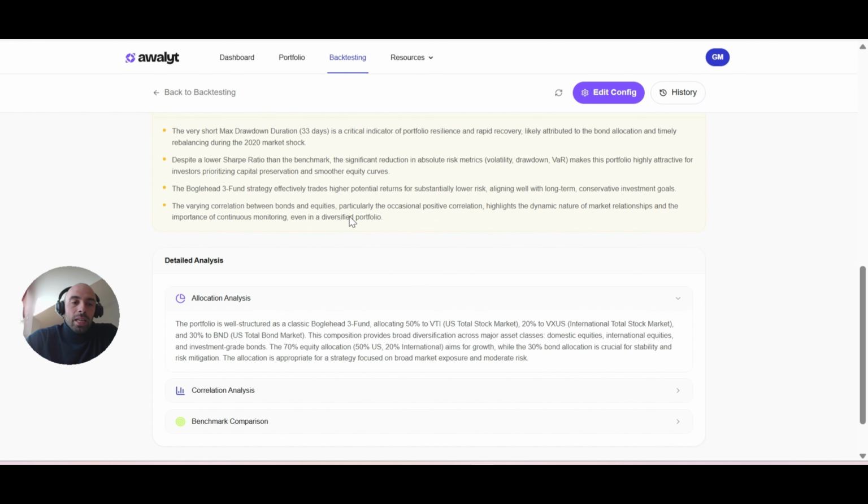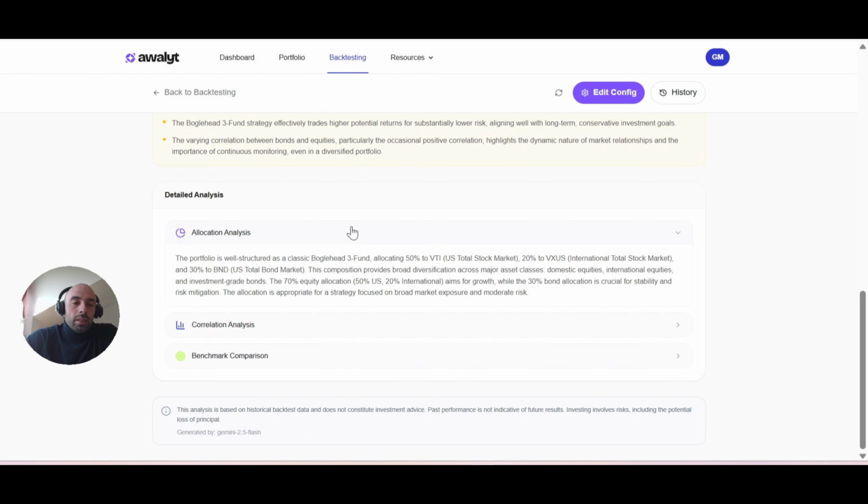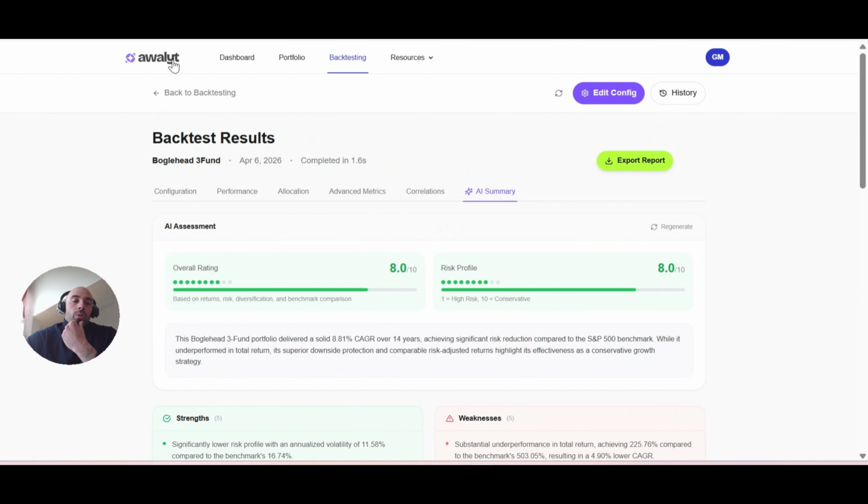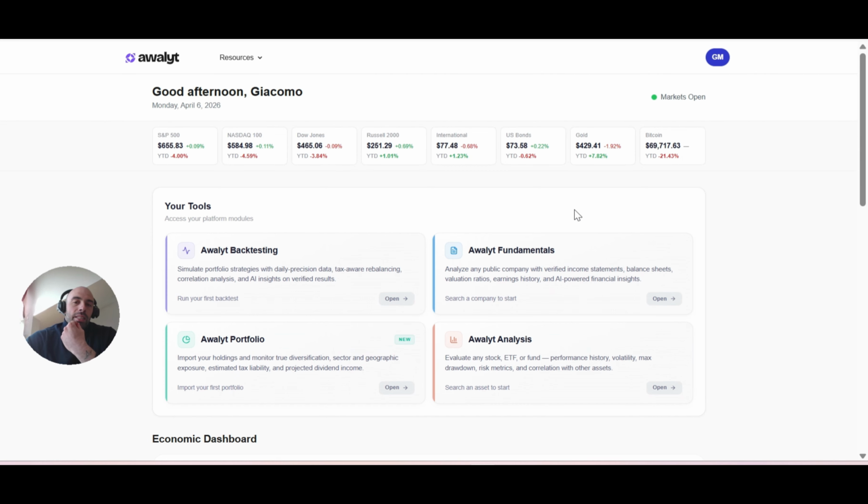There are also some insights, the allocation analysis, the correlation analysis, and the benchmark comparison. So this was the full backtest of this Bogleheads three-fund portfolio.